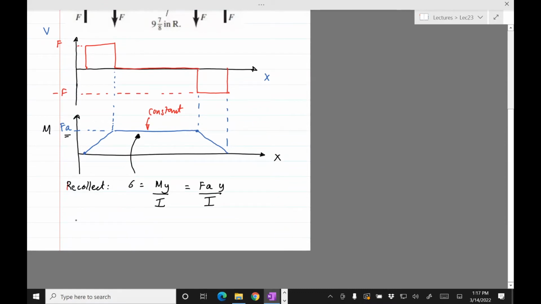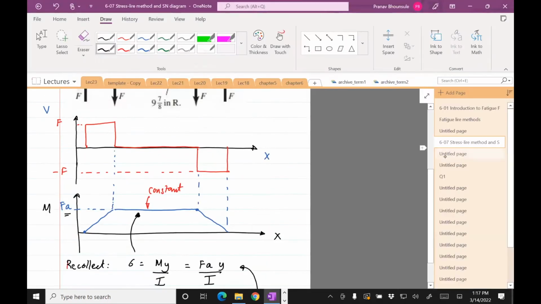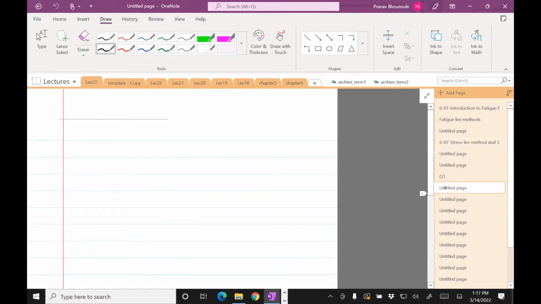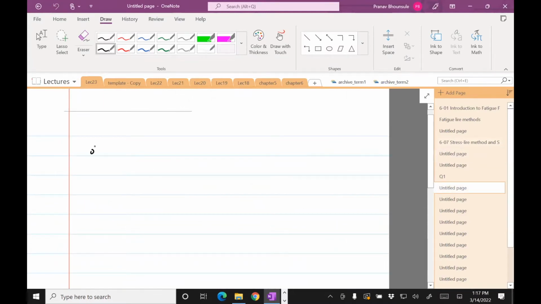So let's say F equals F0 sine omega t. We can sub that in this equation, and we get this cyclic load. So I'll rewrite the equation.